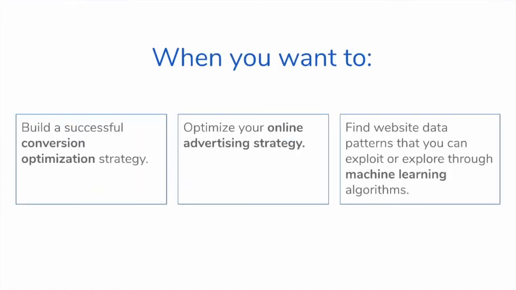But before going into that, I'd like you to be aware that even if I'm going to talk about leveraging data analytics for conversion optimization purposes, this process is actually scalable for various online marketing fields, and it's also helpful to find website data patterns that you can later on exploit or explore through machine learning.